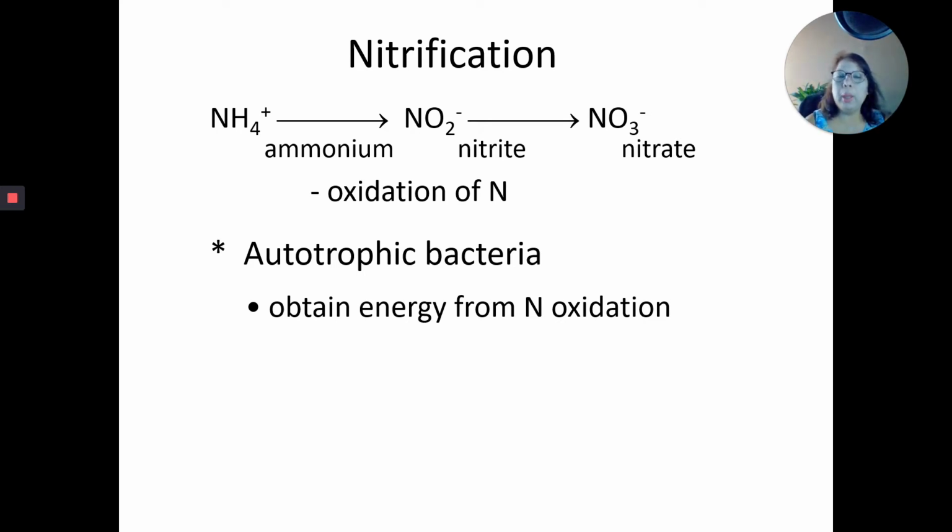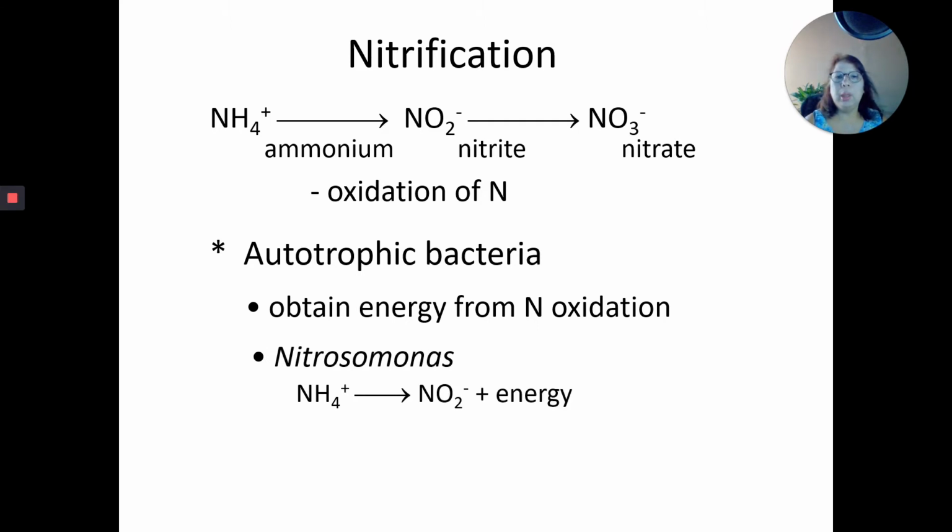One of the contents needed by autotrophic bacteria is also nitrogen. Although they obtain energy from nitrogen oxidation, autotrophic bacteria also help in the quality of the soil. Now, when you take microbiology, you will come to learn that there are some microorganisms present in soils, and these are under the group of nitrosomonas.